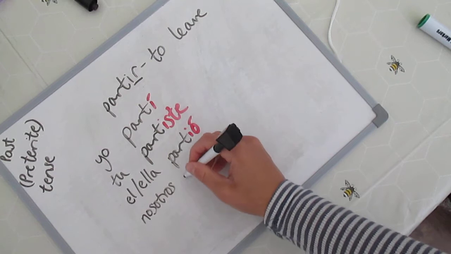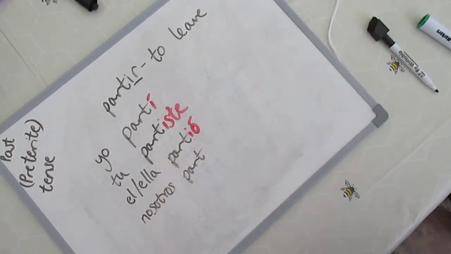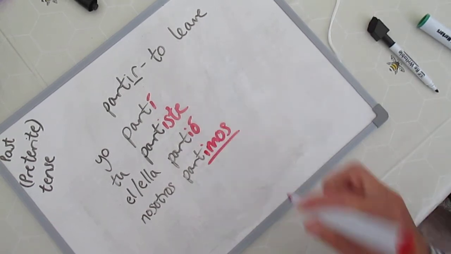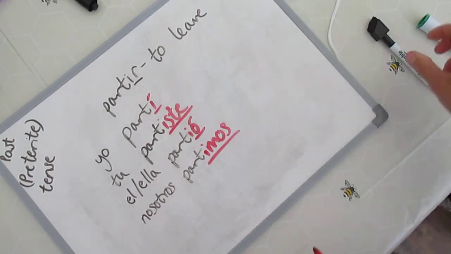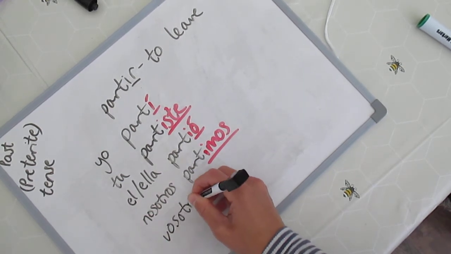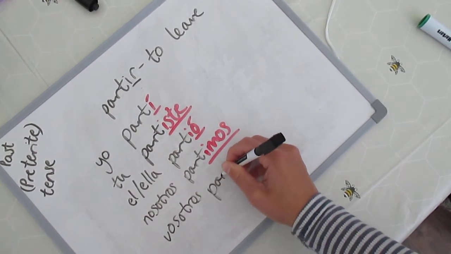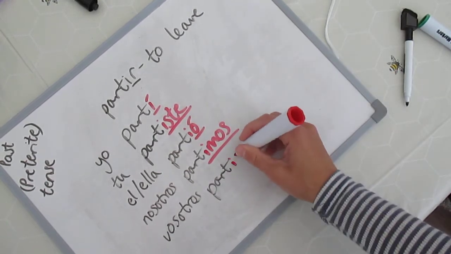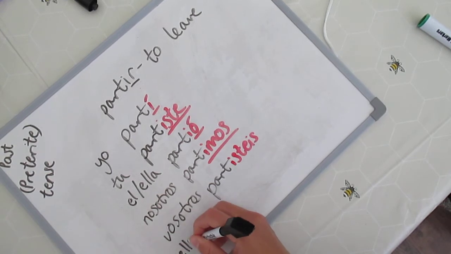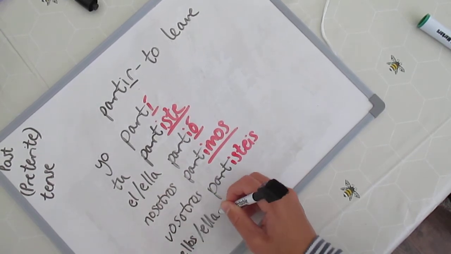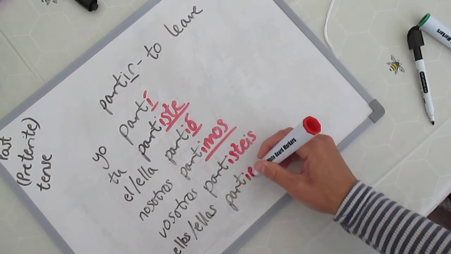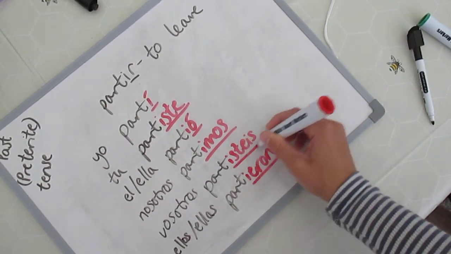Remember that in Spanish, we don't need to write the yo and the tú to let us know who's speaking, because these endings do it. So we don't need to say yo partí, we can just say partí. Okay, so then they left would be partieron.